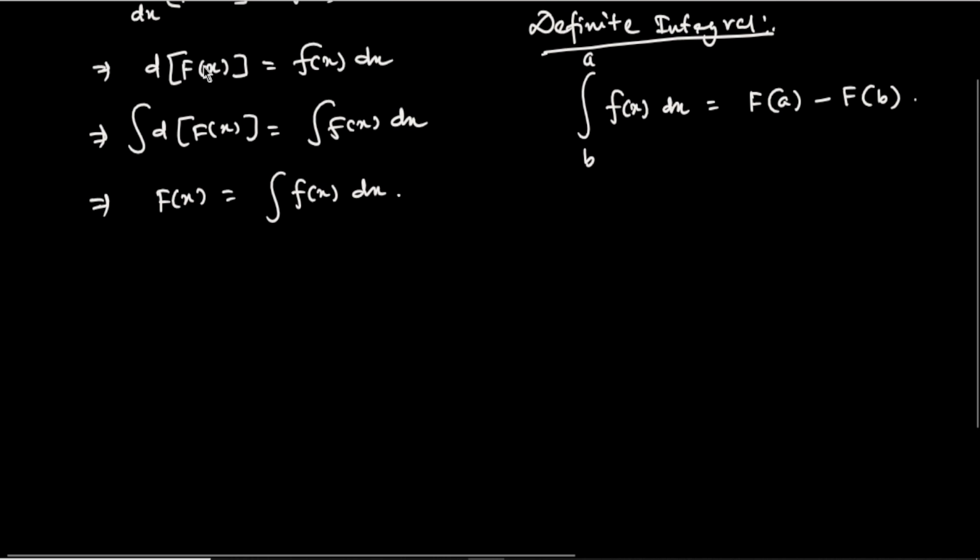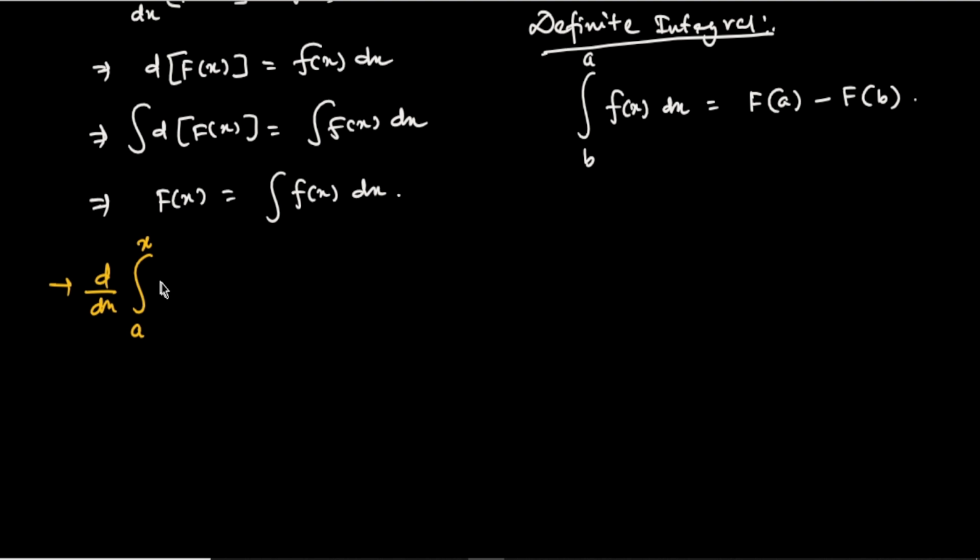Now our problem is differentiation with respect to x of an integral. Here the lower limit is a constant a, and the upper limit is small x. The function is f of t dt. What will be the answer? Here we will first do the integral, then differentiate it with respect to x. So the answer will be d by dx of capital F of x minus capital F of a in the bracket.